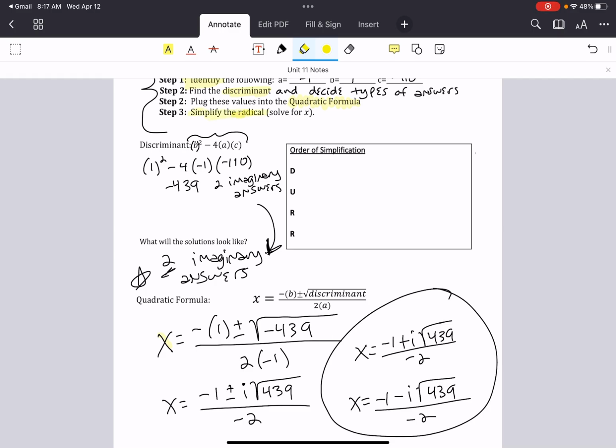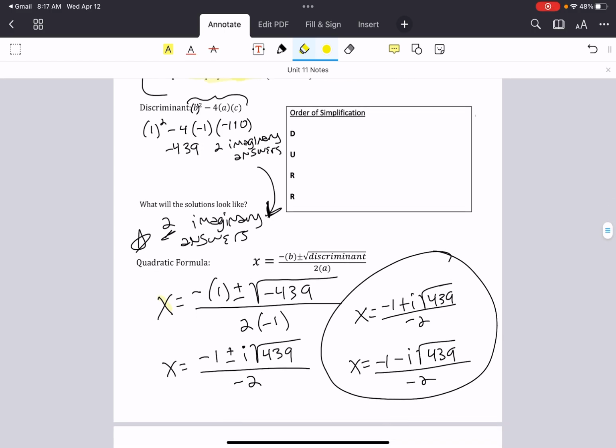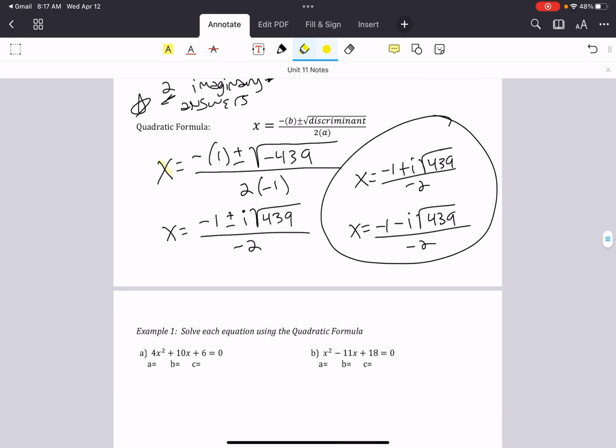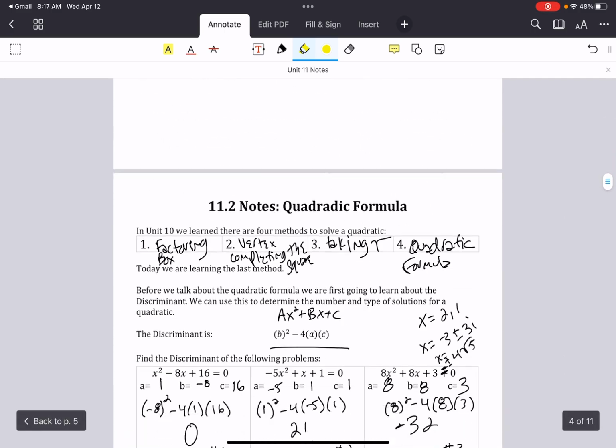So that was our last thing that we did, is simplify the radical. I'll come back and fill out this order of simplification if I think we need it, but let's do another example or two together before I try one alone.